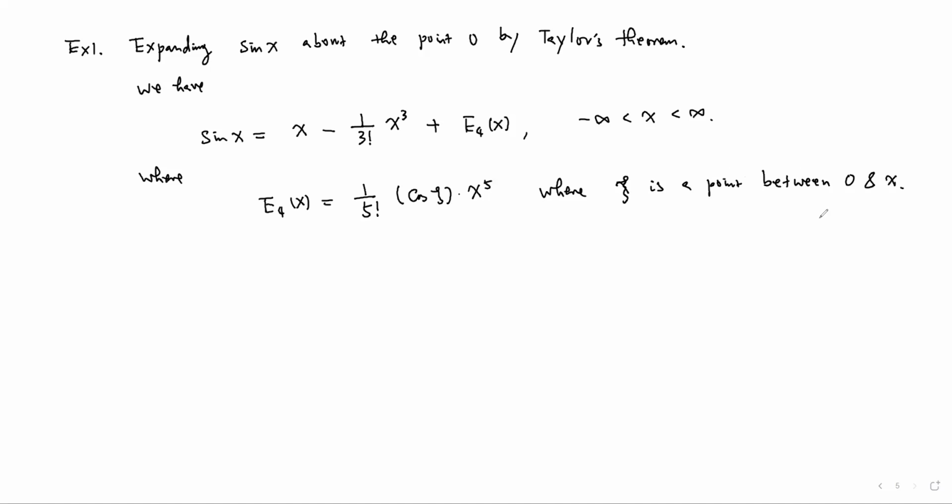Now let me compare the following two functions. Function f is sine of x minus x plus 1 over 3 factorial x to the third, and function g is x to the 5th.